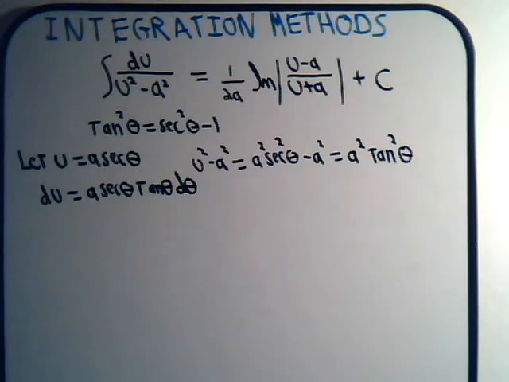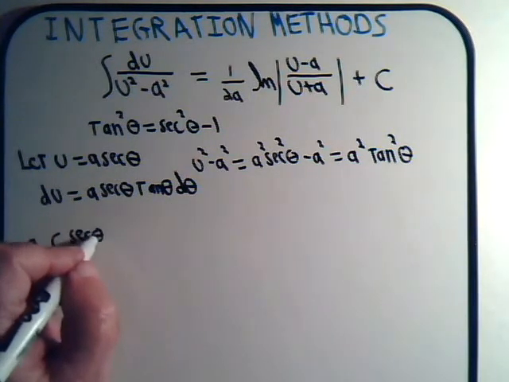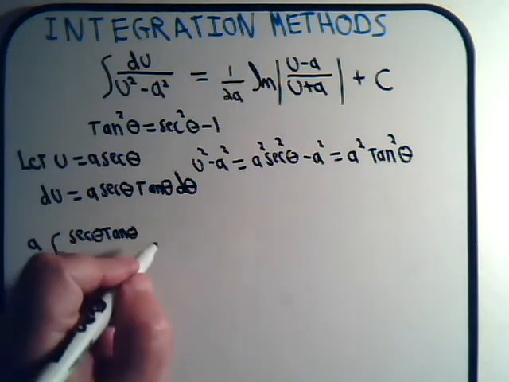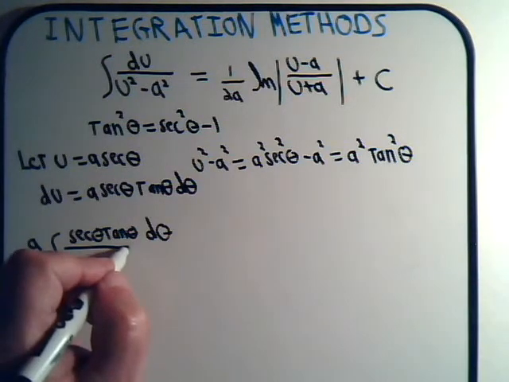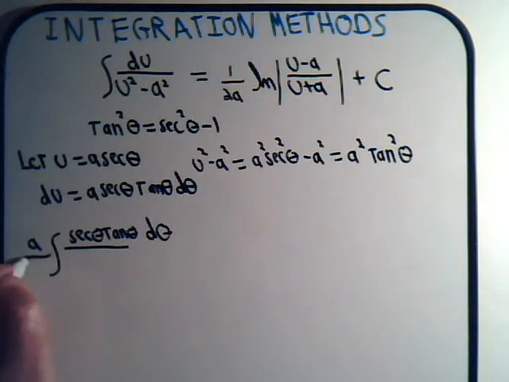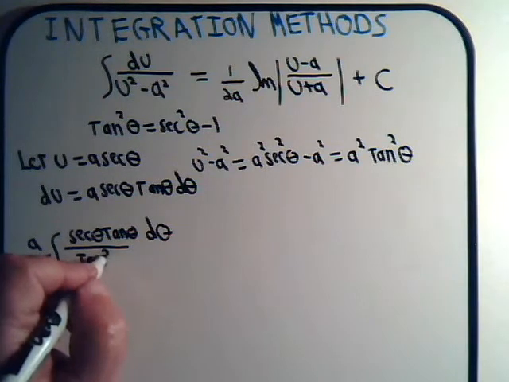So, with this substitution, our integral now becomes, take the a to the outside, a secant theta tangent theta d theta divided by this, which is a squared times the tangent squared of theta.